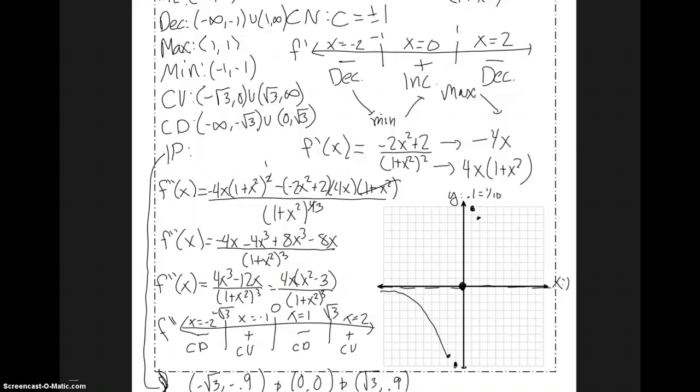So it's going to be concave up, hits my minimum, turns, and hits up to my inflection point, and then it's going to be concave down up until my next inflection point, and I know it's increasing on this interval, and then it turns and becomes concave up, and I know it's got to level out there. So my graph looks something like this: concave down and decreasing, concave up, then concave down again, and then concave up here.